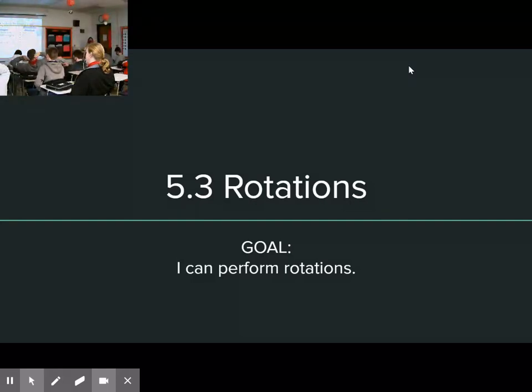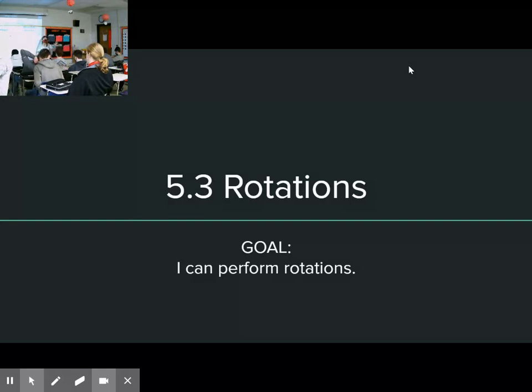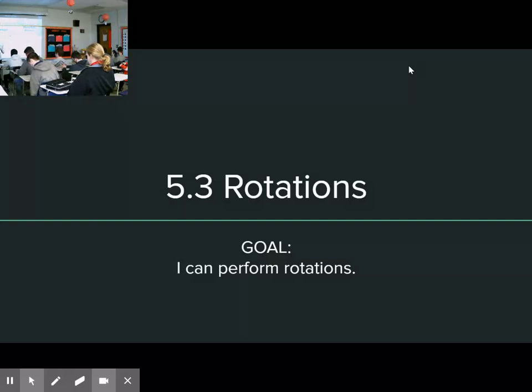Alright, so we have covered section 5.1, which is translations, which is just moving something across a coordinate plane. We have talked about reflections in 5.2, which is flipping something. You can either flip it sideways, up and down, or you can flip it over a line, like if you had a mirror. Now we're going to talk about rotations, and rotations is just turning something.